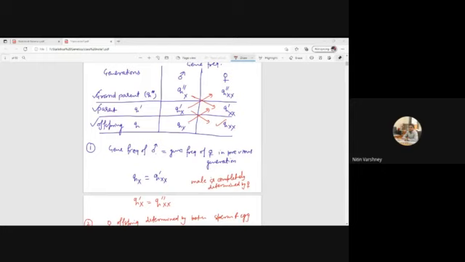Does anyone have any doubt, does anyone want to ask something? There are 4 more properties, we will cover them tomorrow. So with this we can make some results regarding these gene frequencies of parental, grandparent and offspring. Okay, does anyone have any doubt? No doubts, so I am stopping here. Okay then.